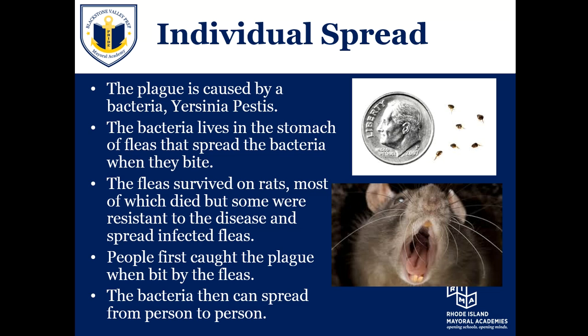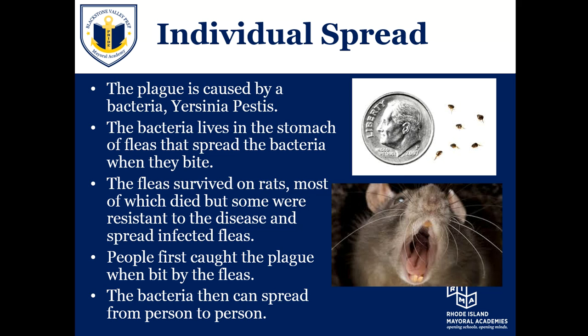Now, these fleas themselves survive on rats, most of which die of the plague. They are mammals. They are susceptible to the plague just the way people will be. But just like with people, some rats are resistant to the disease. They'll still be infected, but the symptoms are not as severe, and they won't die, or they'll die more slowly.